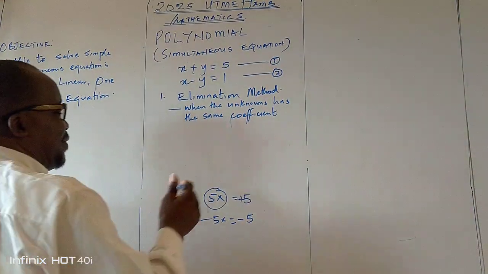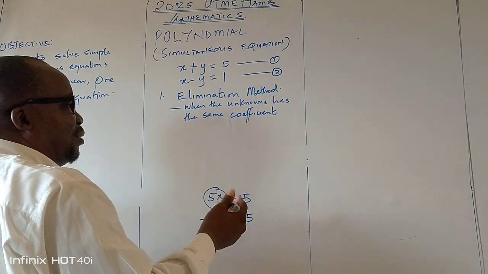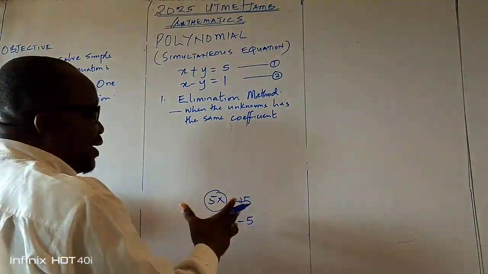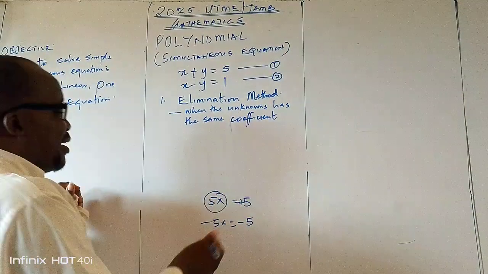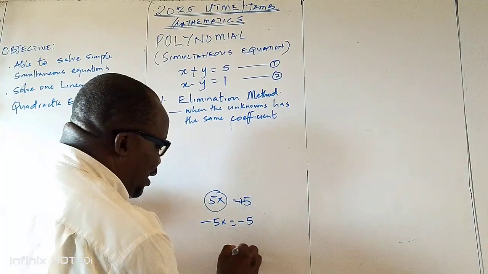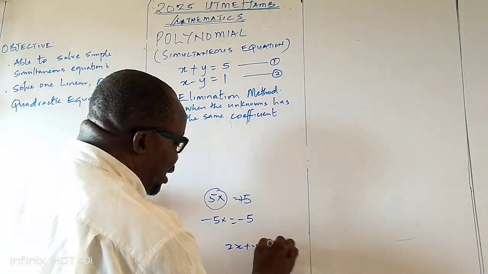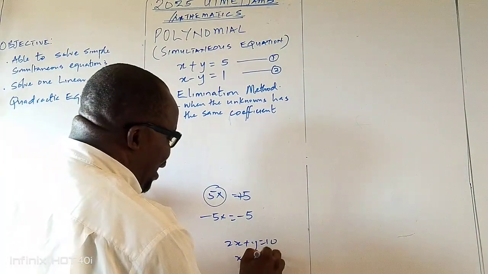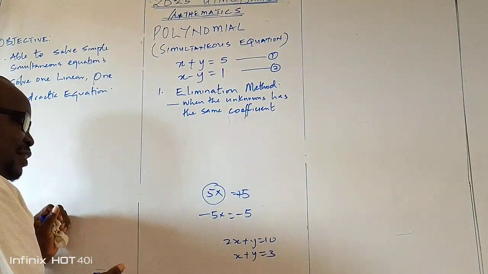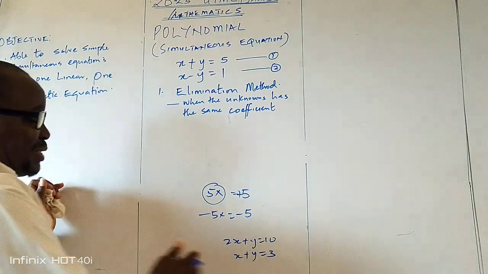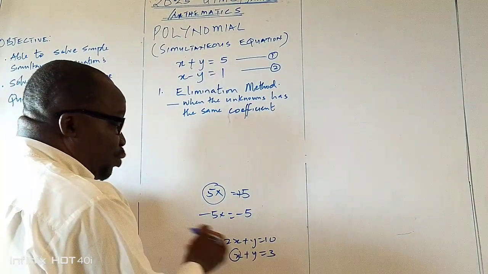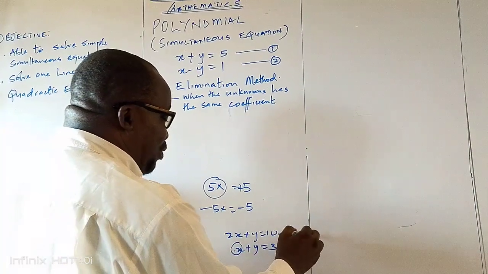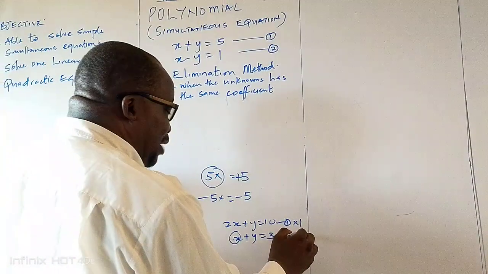If they are not equal, I can multiply them by their opposite coefficients so that they give me equal coefficients. For instance, if I have 2x plus y equals 10, and another one x plus y equals 3, and I decide I want to eliminate x, what will I do? This one is my equation 1, this one is my equation 2. The coefficient of this I use to multiply equation 1, the coefficient of this I use to multiply equation 2.